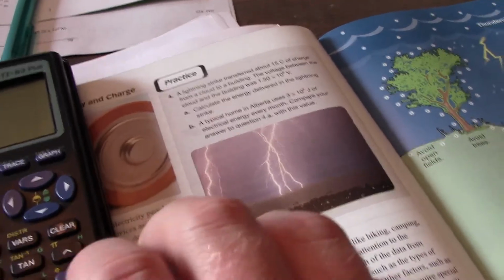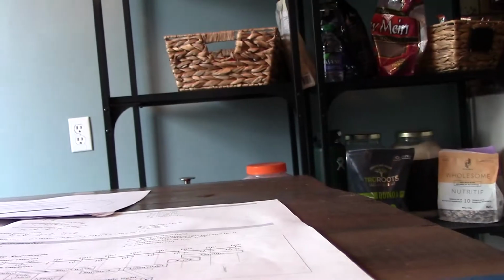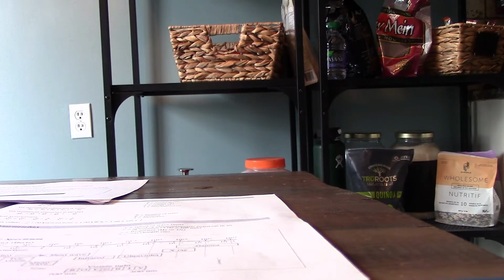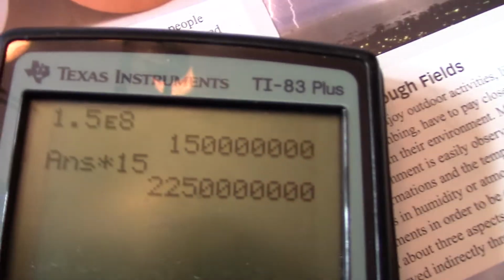So the answer that we're looking for here: energy equals Q times V. It's going to be 15 coulombs times 1.5 times 10 to the 8th volts.